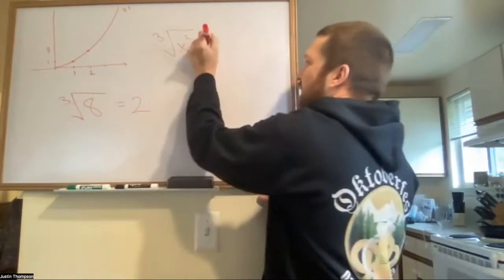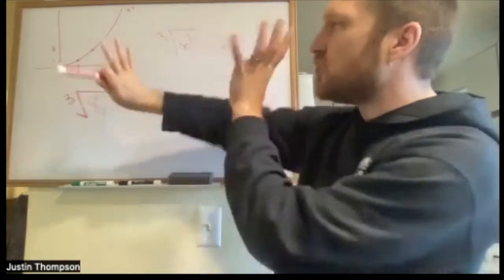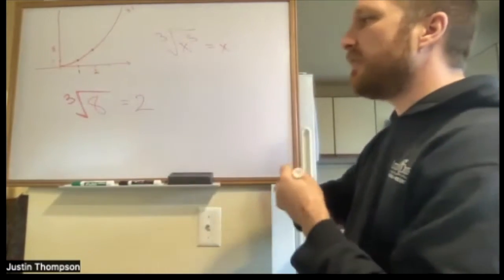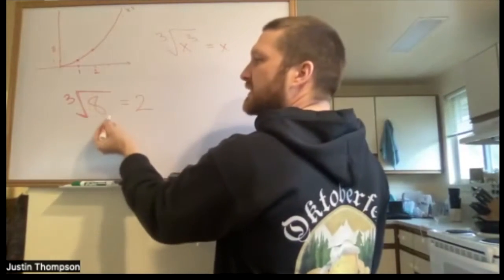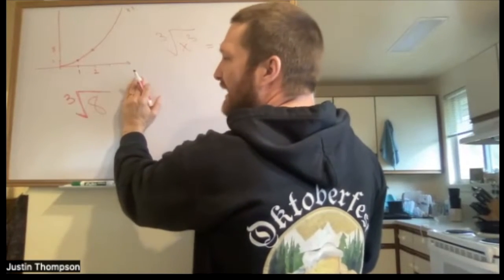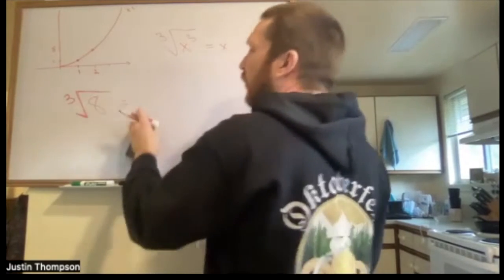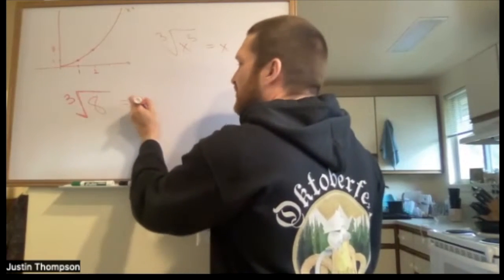X. In other words, you have the sense that this is your output of something, right? When you see this symbol, you know that that equals some number. You may not know what number it equals, but you know that this equals, let's just call it x.